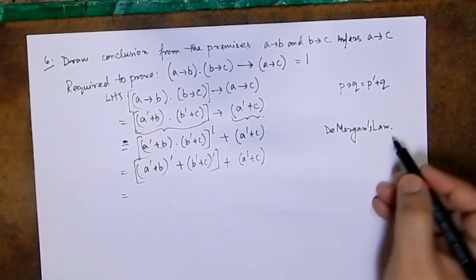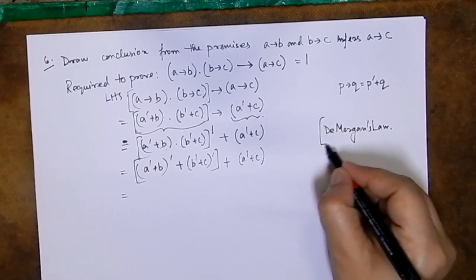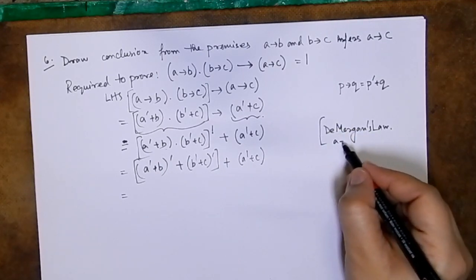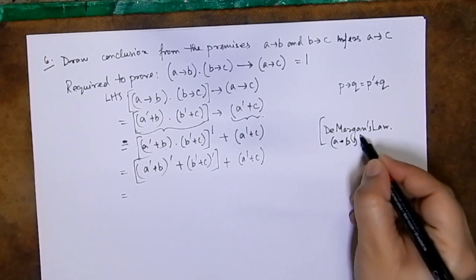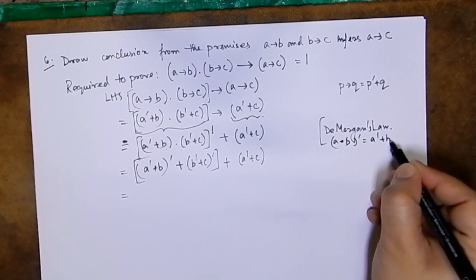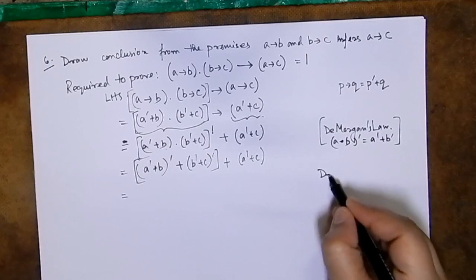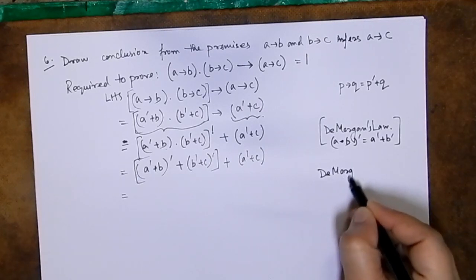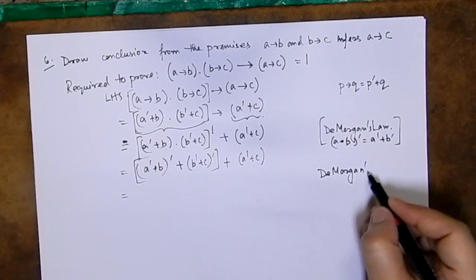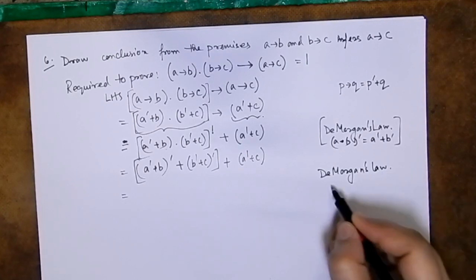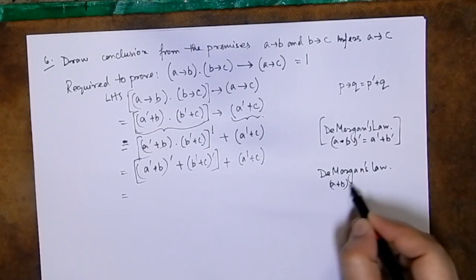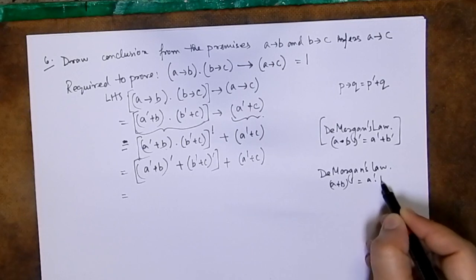Now again, this is the first law that I have used here, the second law, A dot B whole dashed is equals to A dashed plus B dashed. Here I will be using the first law, again De Morgan's law, but the first one, that A plus B whole dashed is equals to A dashed dot B dashed.